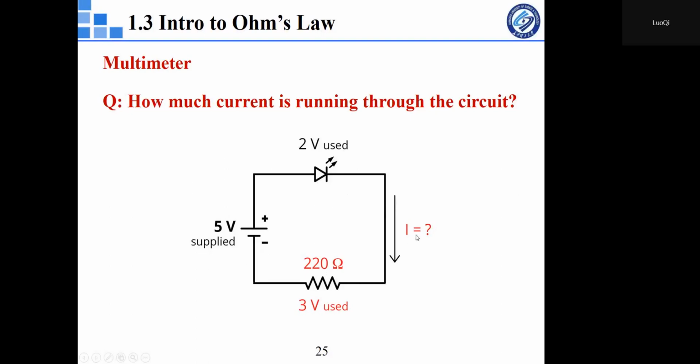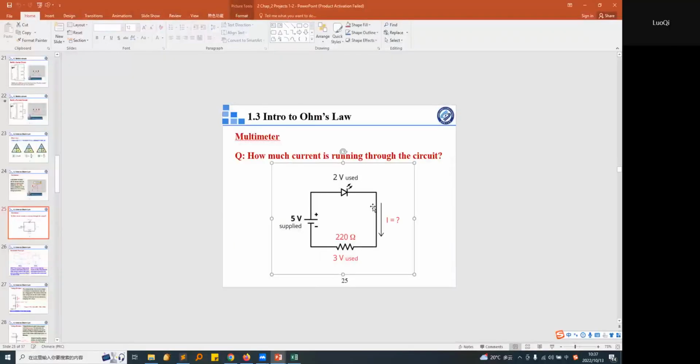You'll find that I is equal to 3 divided by 220, about 13.6 thousandths of an ampere. Okay. 3 equals I times 220.